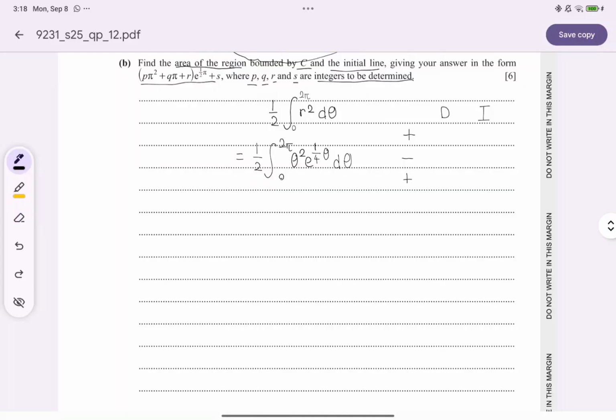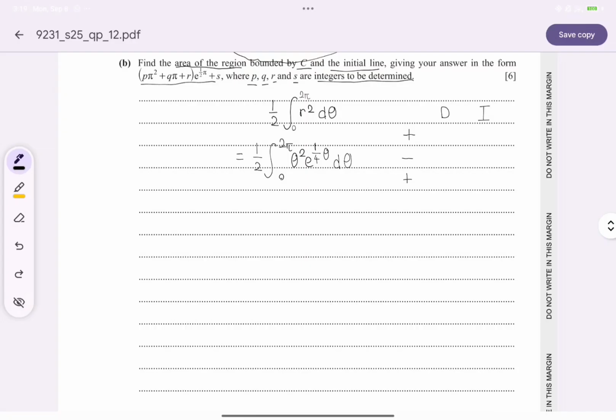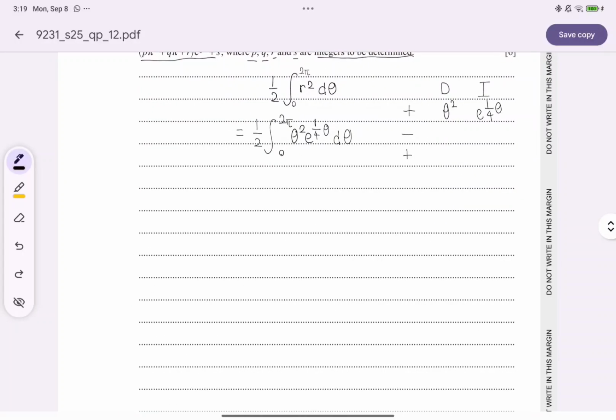The function which you set as D is similar to choosing it as your u. So here we're going to choose theta squared as our D, and e to the power of 1 over 4 theta as our I.